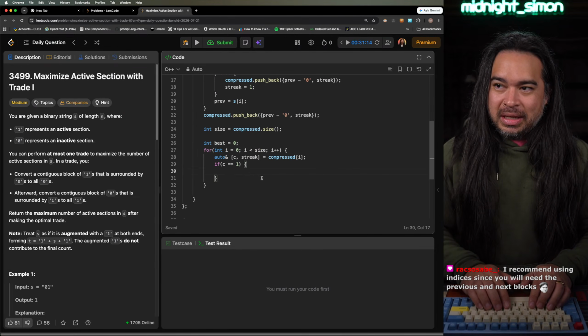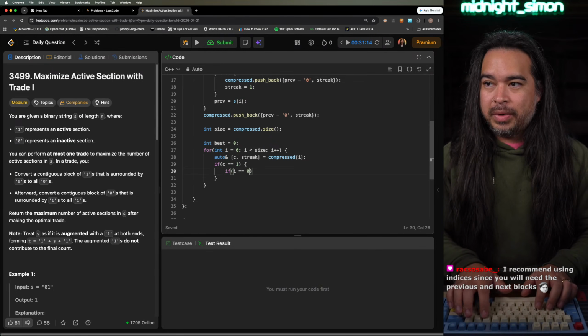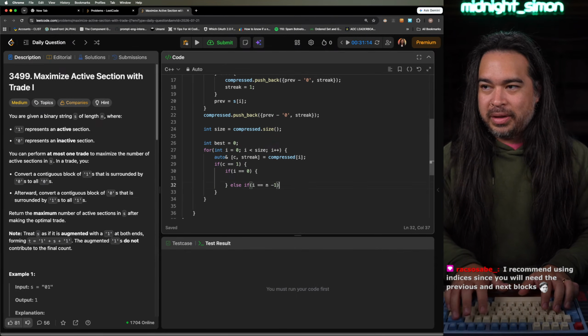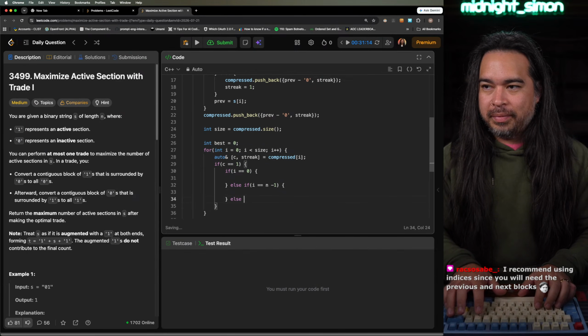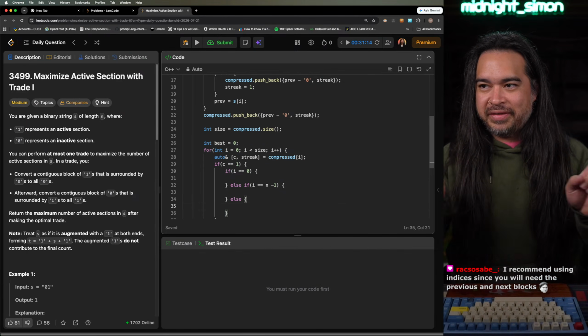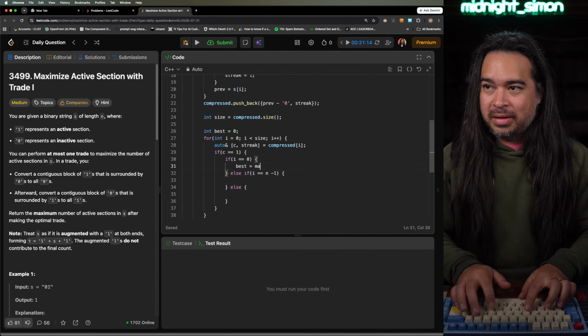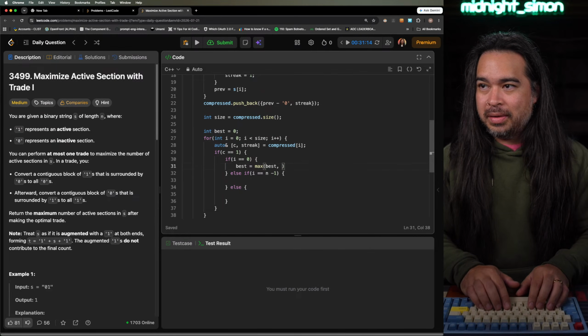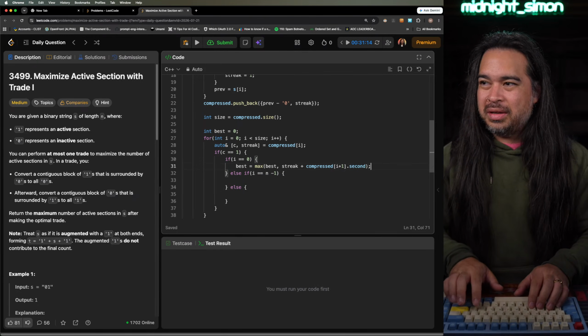So let me say if it's a 1, but it's all the way at the left, or if it's all the way at the right, or there's a left and a right. So if it's all the way at the left, then that's second.